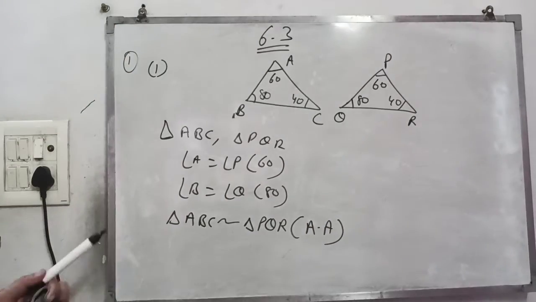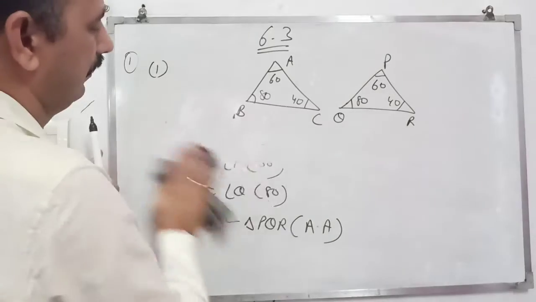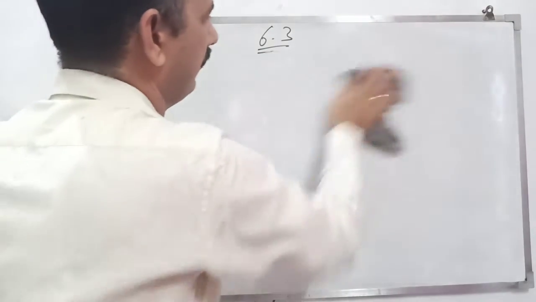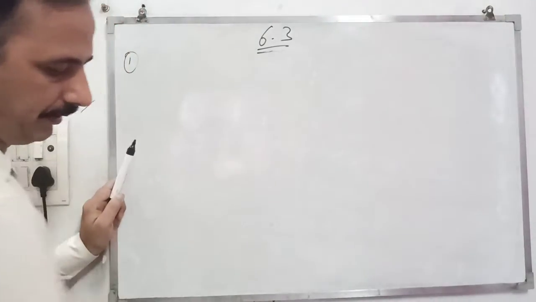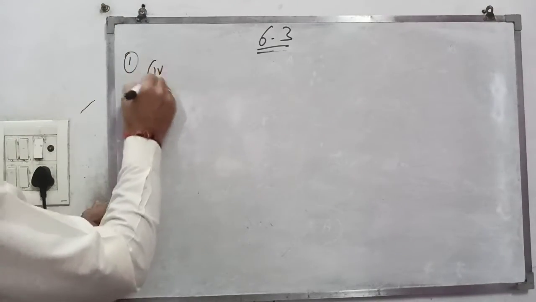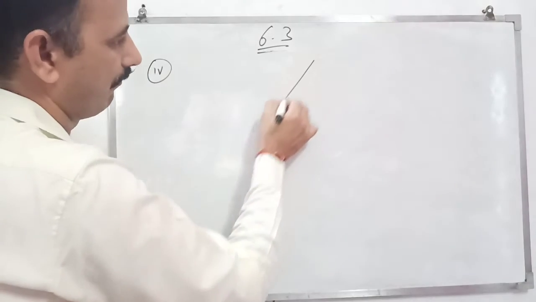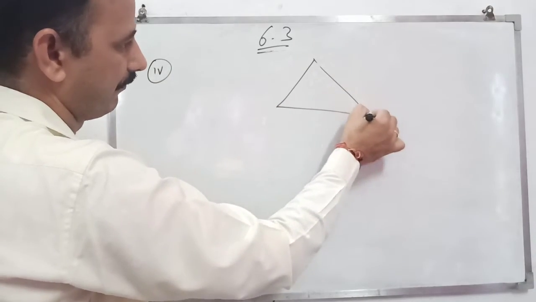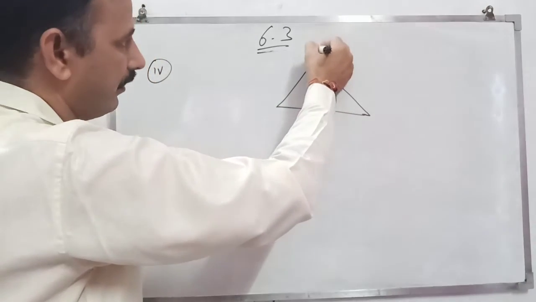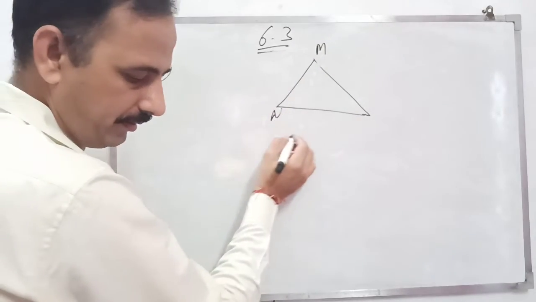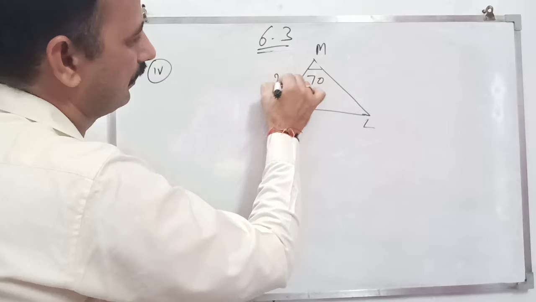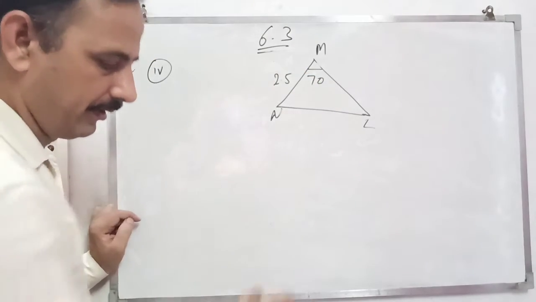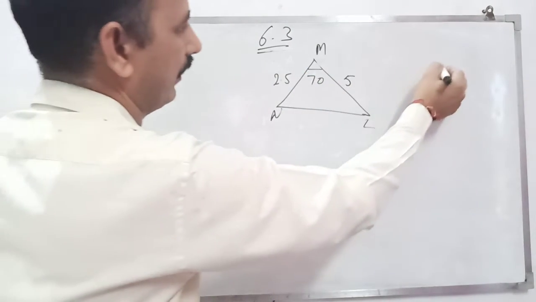Now we take another part, the fourth part. Triangle MNL, it's 70 degree, it's 2.5, and that is 5.